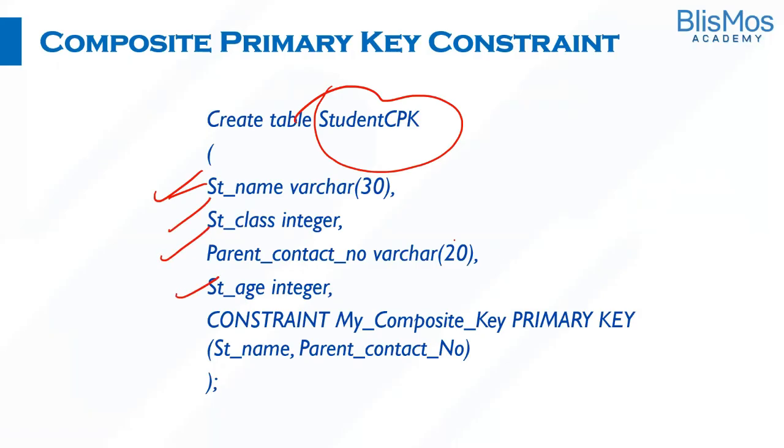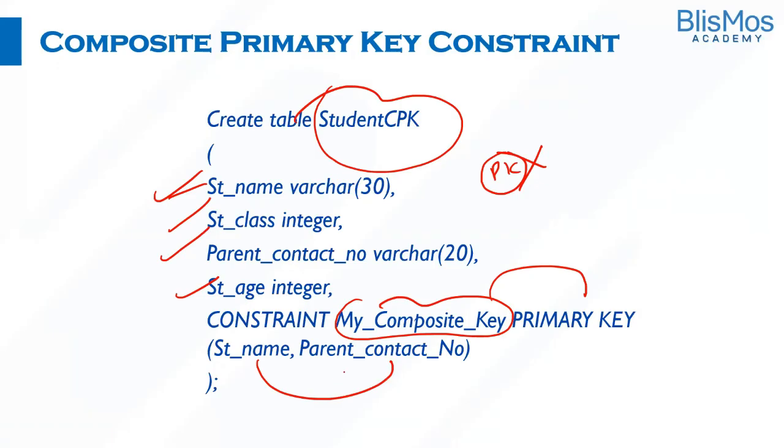In this case, as we already discussed, any one of the columns will not qualify as a primary key. So we are trying to create a composite key and make that a primary key, which is a combination of student name and parent contact number.